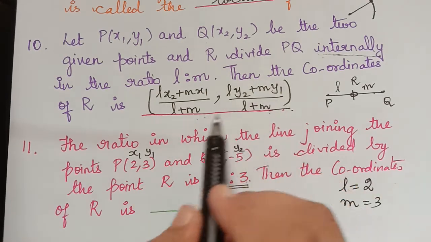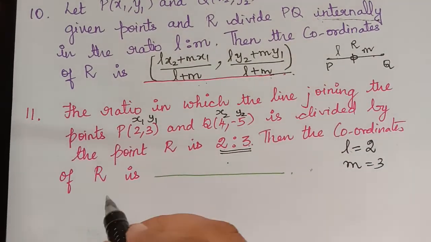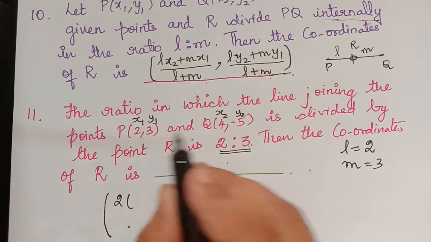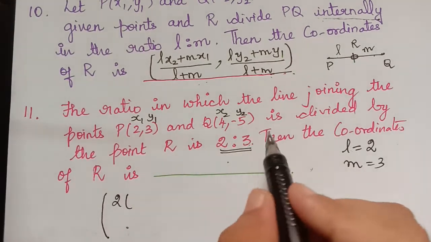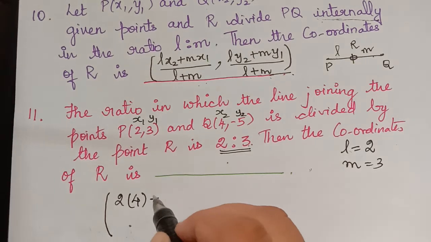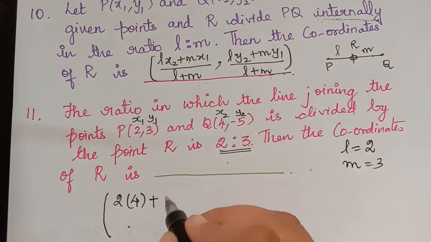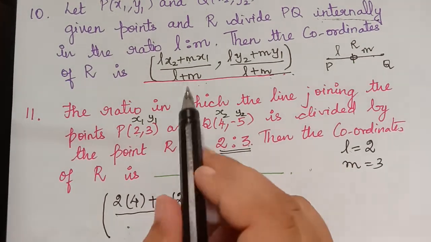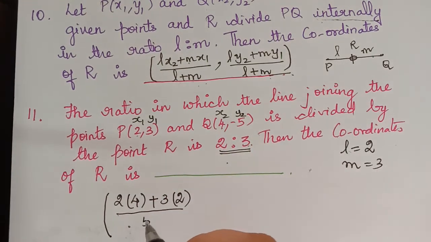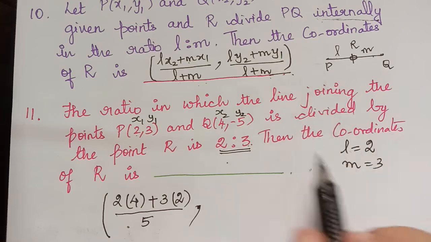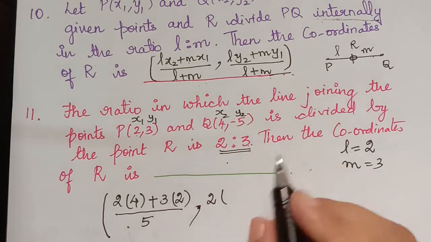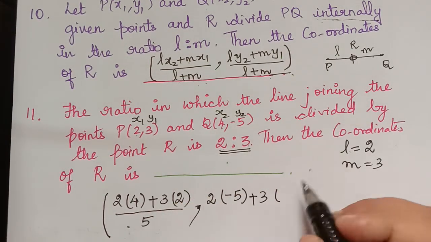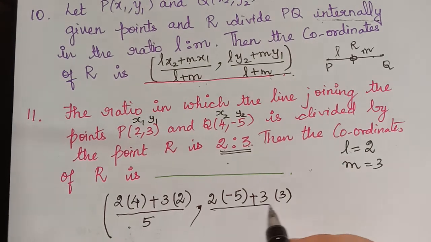Now if we substitute in this formula, we get L multiplied with x2, so 2 multiplied with x2 is 4, plus M multiplied with x1, so 3 multiplied with x1 is 2, divided by L plus M, so 2 plus 3, which is 5, comma, and here you have L y2, L is 2 and y2 is negative 5, plus M is 3 and y1 is 3, divided by 5.